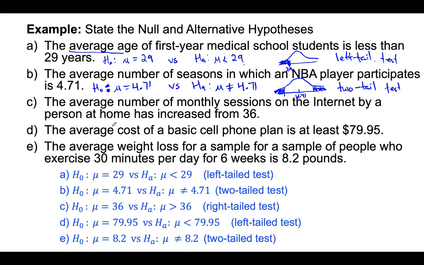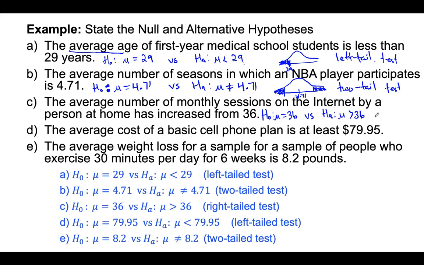So the average number of monthly sessions on the internet by a person at home has increased from 36. So the null, again, is that the average is 36, versus the alternative that the average is greater than 36.